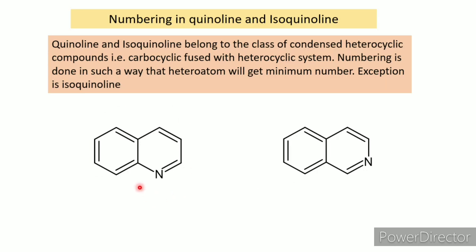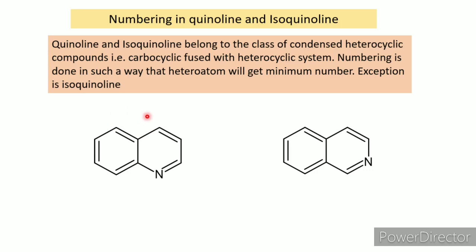In quinoline, numbering starts from this position, as this heteroatom should get the minimum number. So numbering will start from this nitrogen. And remember, numbering will always go in this direction, starting with 1, 2, 3, 4. The next thing you have to remember is we don't number this fused carbon. After this, we directly go to this carbon.